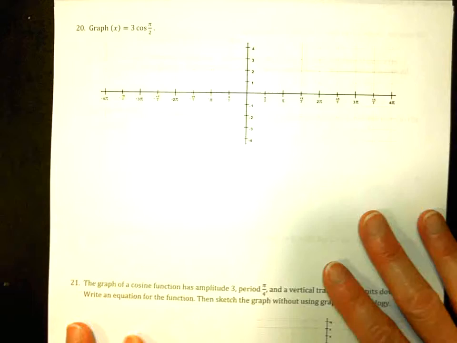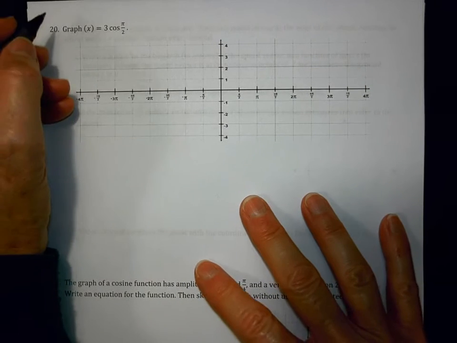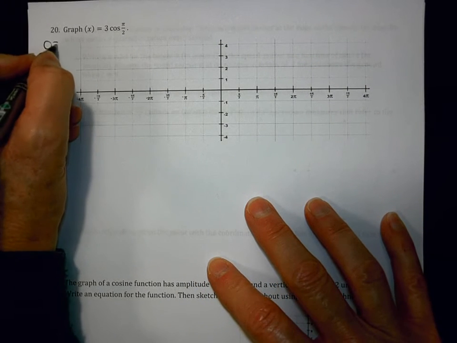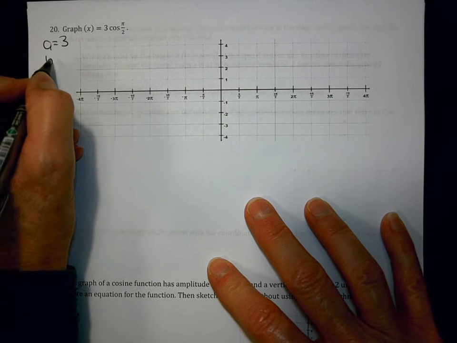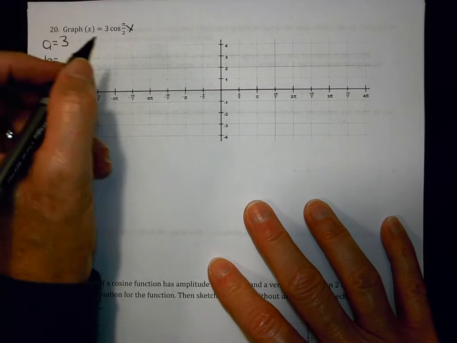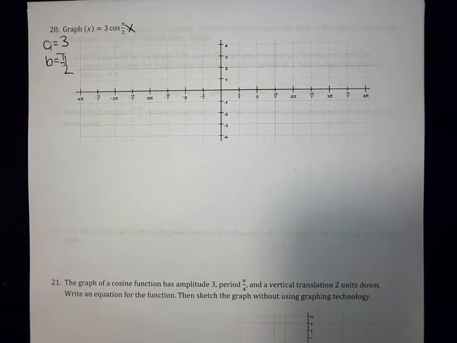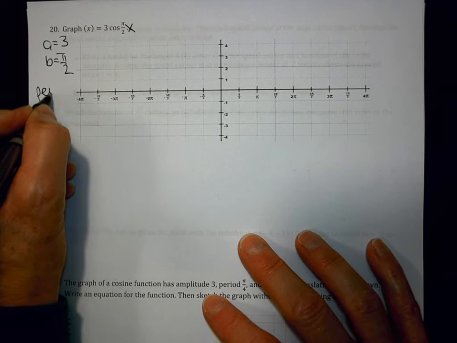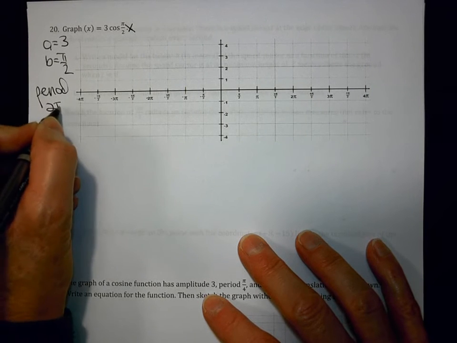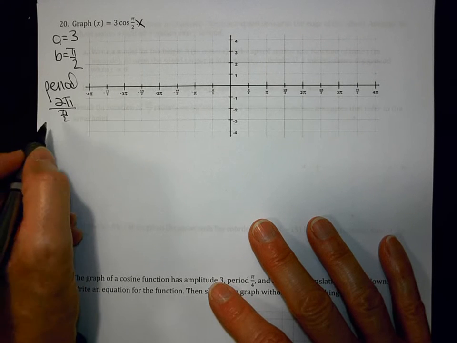Okay, so we're on number 20, so we're going to graph our cosine. So this will be same review as before. So A is 3, B is pi over 2, and period is 2 pi over 2, or 4.